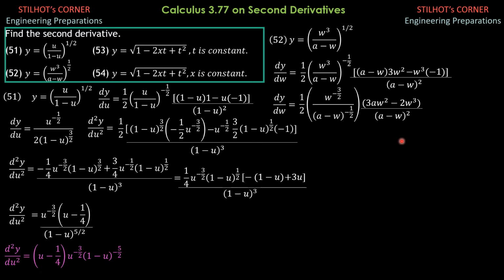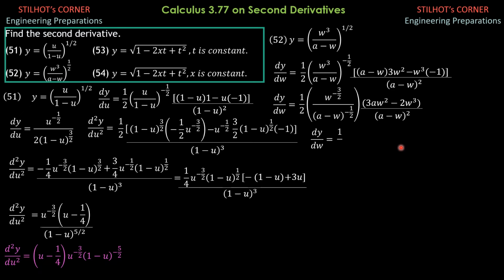So combining like terms, we factor out w squared here, so that what is left here is 3a minus 2w. And combined with w to the negative 3/2, this becomes w to the 1/2.